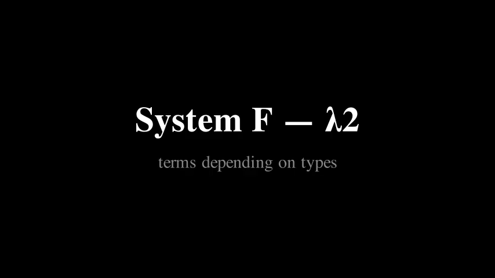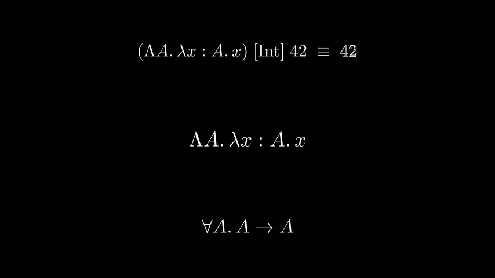System F, also called lambda 2, adds a second kind of lambda. Capital Lambda takes a type as its input. The type of this polymorphic identity uses a universal quantifier over types. To use it, you apply it to a concrete type first, then to a value. This is parametric polymorphism.